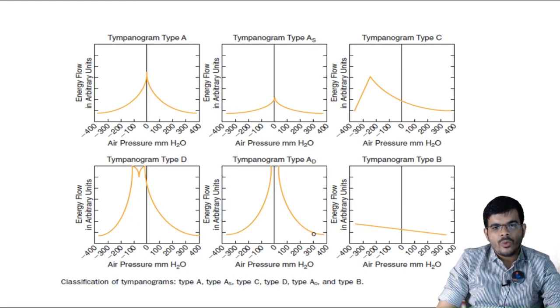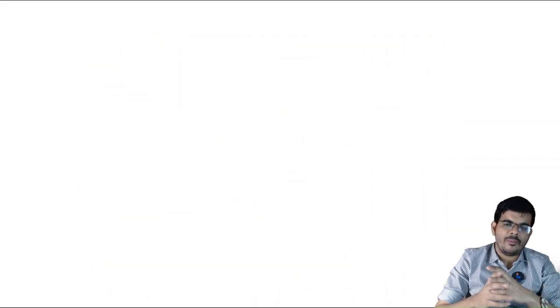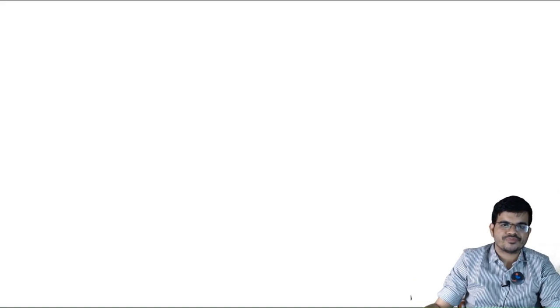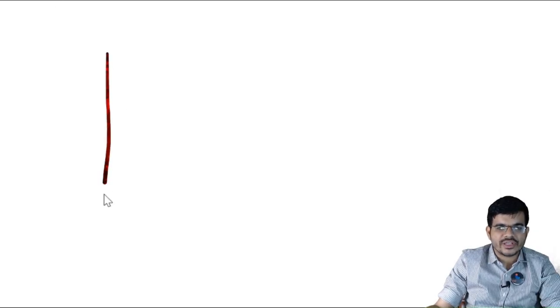Now, what are the various types of curves that are available when you are doing a tympanometry? In tympanometry, as I already told you, first of all, we are plotting a graph, isn't it?